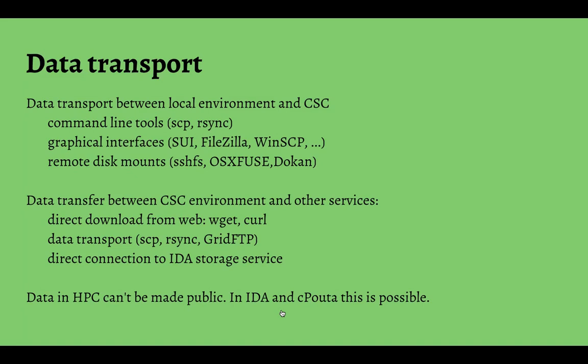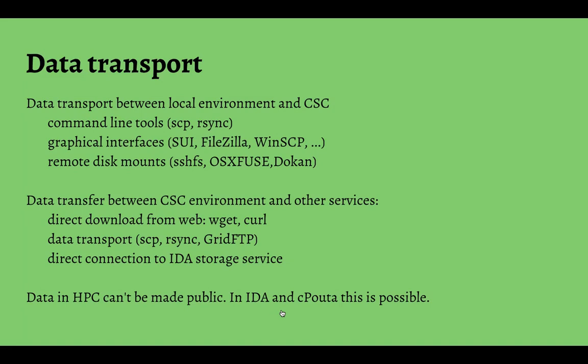But in case of HPC archive and cPouta, you have to somehow move the data between your local computer and CSC environment. The tools which are available are the traditional command line tools like SCP and rsync.